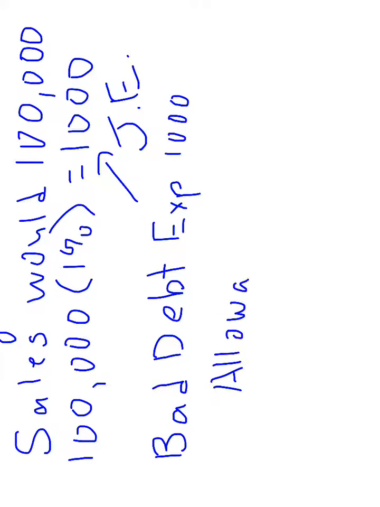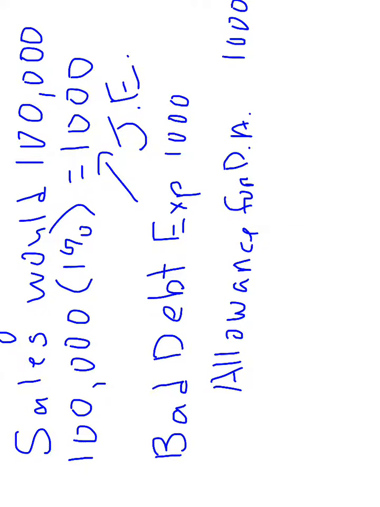So we would say allowance for doubtful accounts for $1,000. This is the simplest of the allowance methods because we just take what we're given, we find the amount, and then we use that amount.